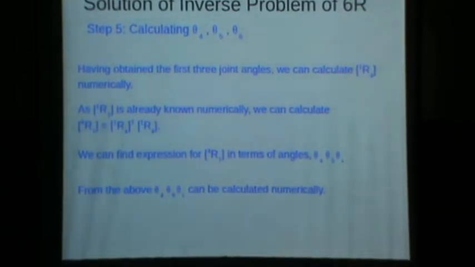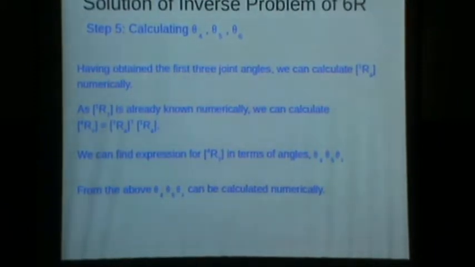But what I want you to take out of this are some of the concepts that we have developed. Some of the concepts that we have seen. One, how to define rigid body orientation and position, or pose, using the transformation matrices or the rotation matrix and the offset.